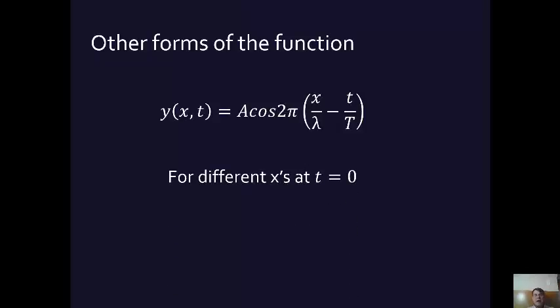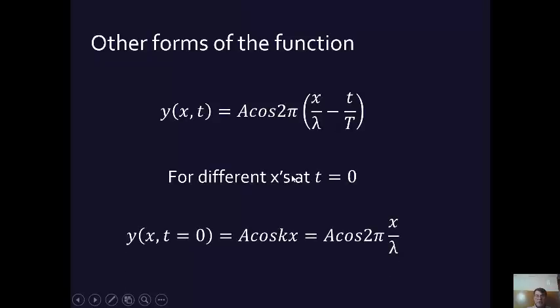Okay, what about different x's at t equals 0? So we did the function as a function of time for various x's. What about at t equals 0? If I took a snapshot of this wave at t equals 0, can I come up with an equation for that? Well, sure I can. All I have to do is substitute in 0 for the t up here, and this second term will disappear.